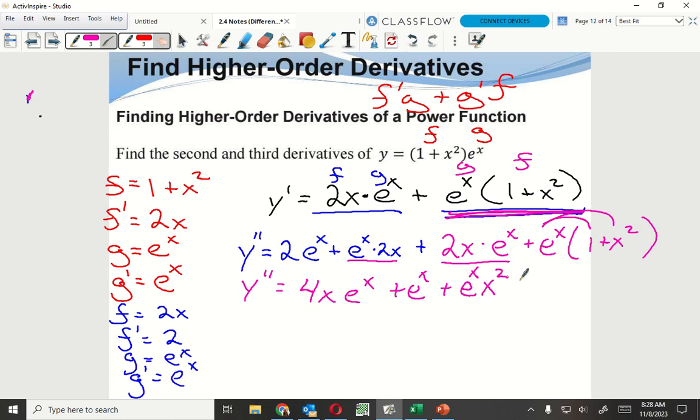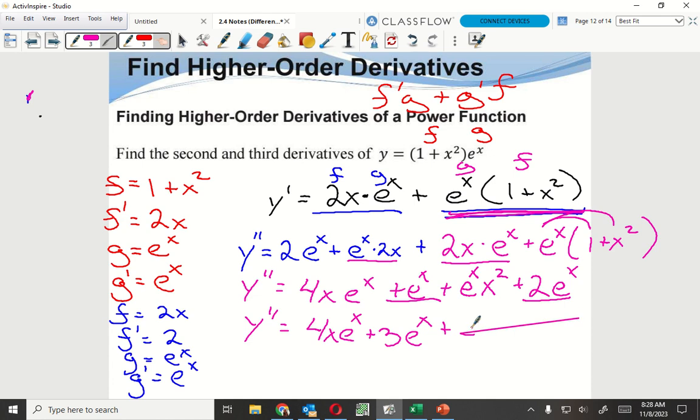Bring down my plus 2 e to the x, and then this piece and this piece will add together, which would give me 3 x e to the x plus 3 e to the x plus e to the x squared. So that's my second derivative.